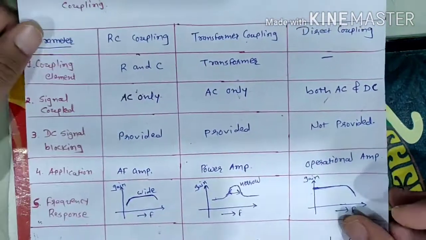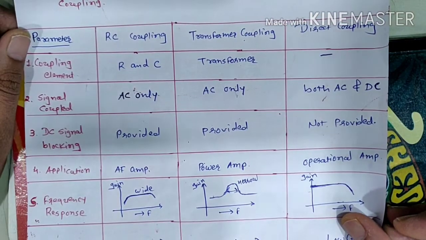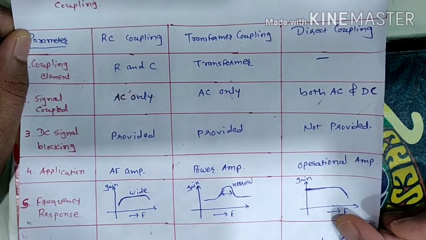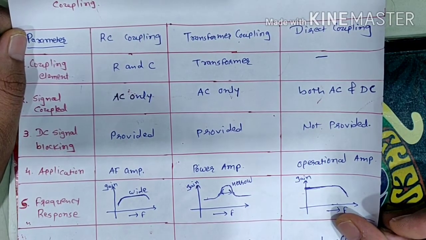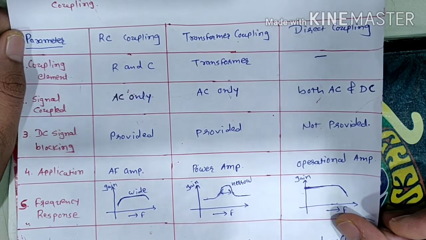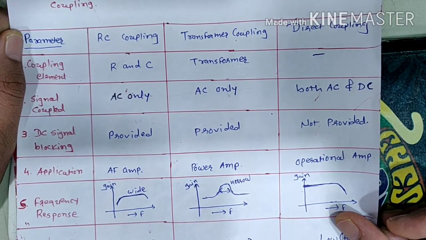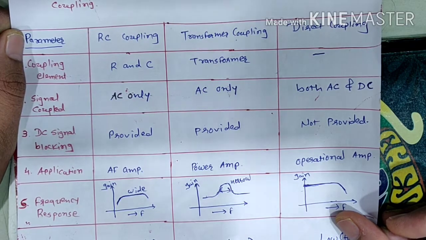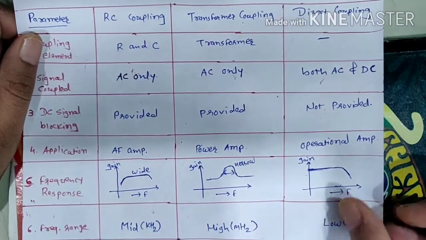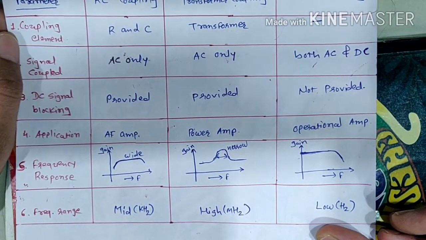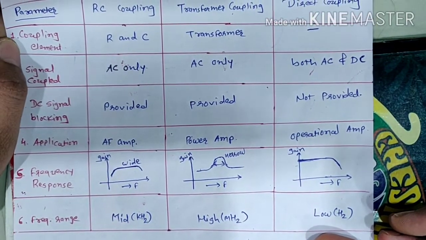So this comparison is very important from the exam point of view. There may be a question asked in the exam to compare the three coupling techniques: RC coupling, transformer coupling and direct coupling. So you can easily summarize these three coupling techniques in this particular table.